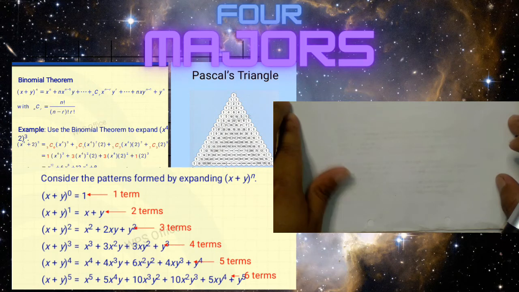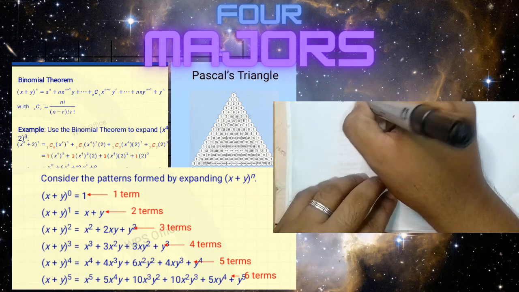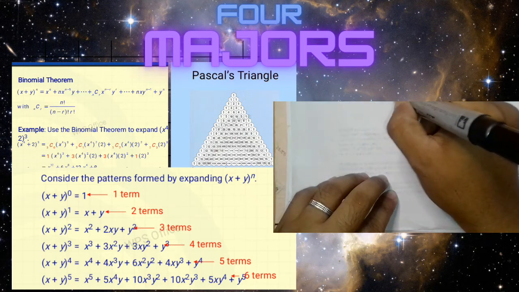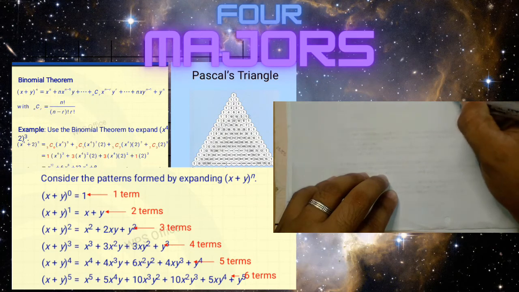Now we are going to generalize the binomial expansion theorem. So we have the binomial expansion theorem. Okay, there you go.